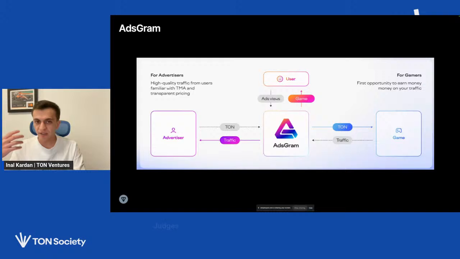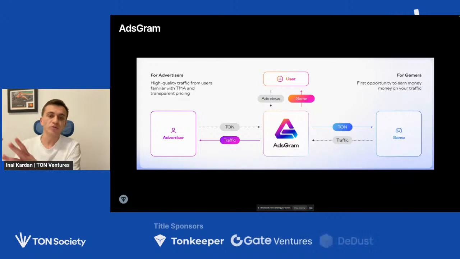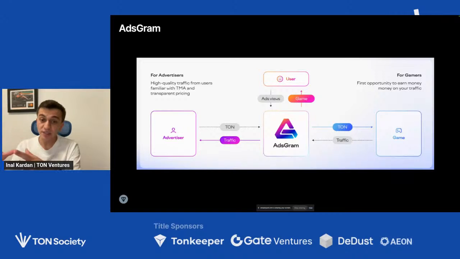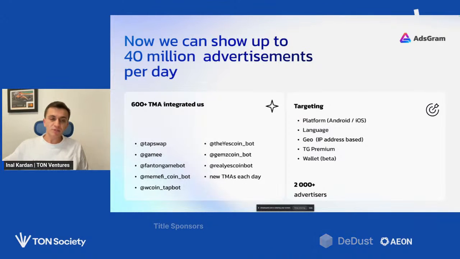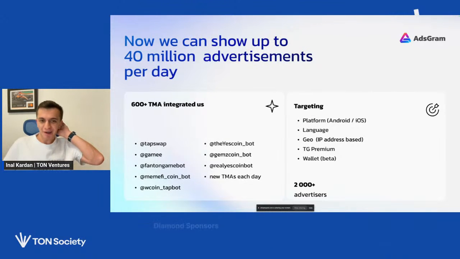Again, this is not the only ad exchange, but this is the biggest one, and all of them work the same way. On AdsGram, you can also pay and get rewards not only in TON but in USDT, for the convenience of publishers and advertisers.